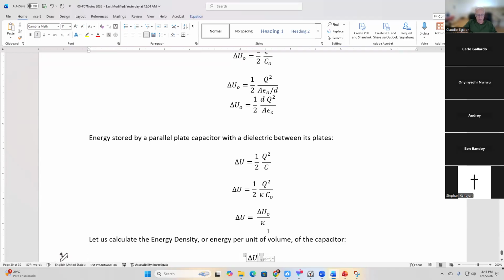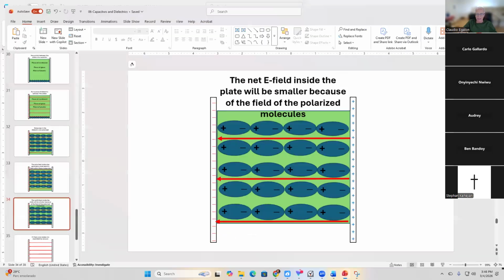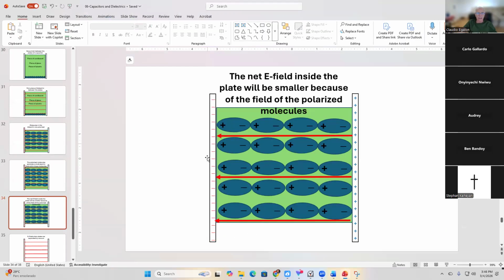I'm going to put lowercase v for the volume. And the volume, if it's a parallel plate, is going to be the area times the distance. The volume between the plates is the area of those plates times the distance.